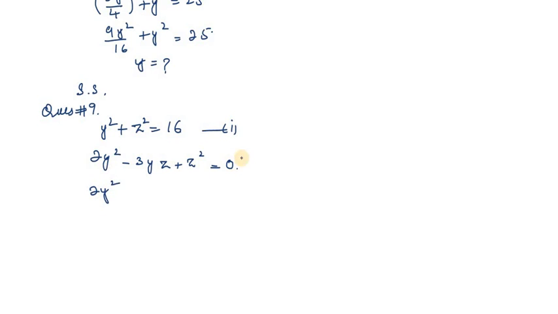2y square, this we say equation number 2. Equation number 2 implies 2y square minus 2yz minus yz plus z square is equal to 0.